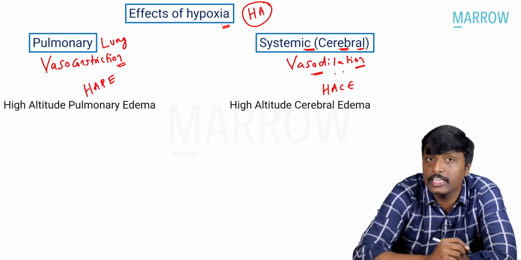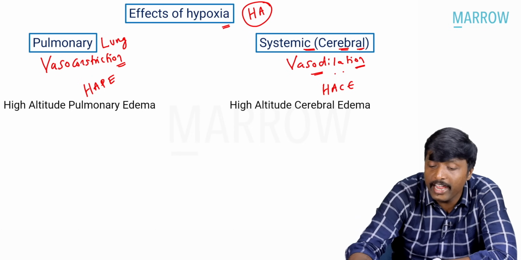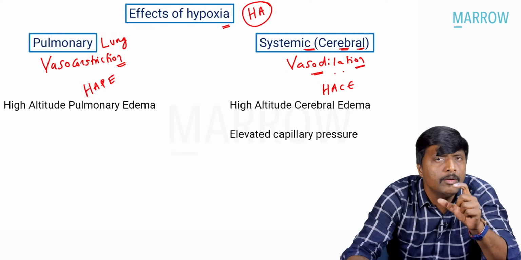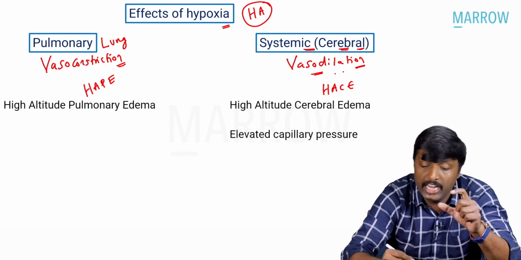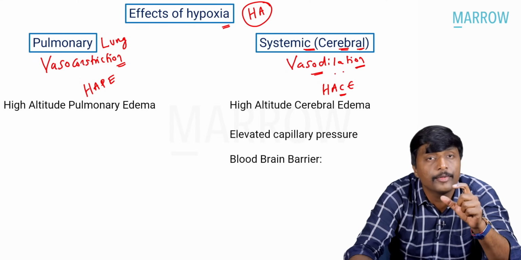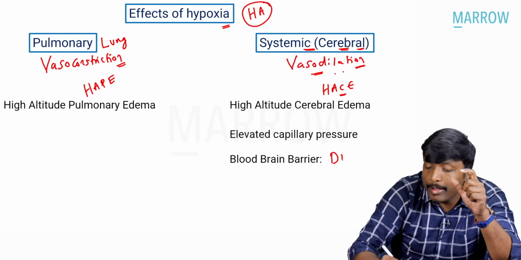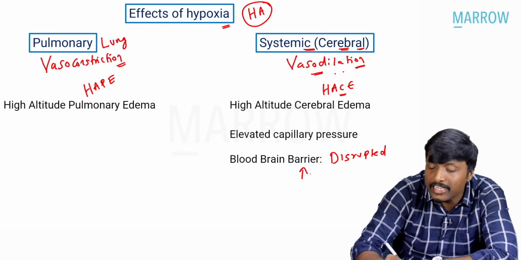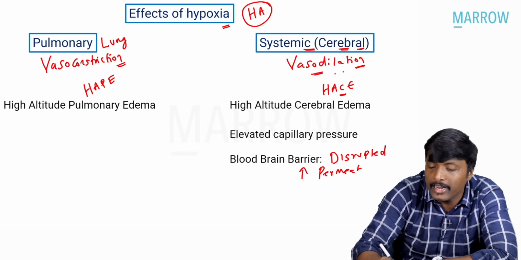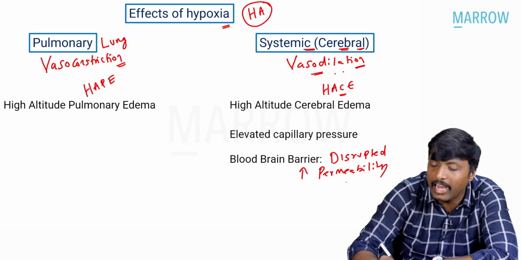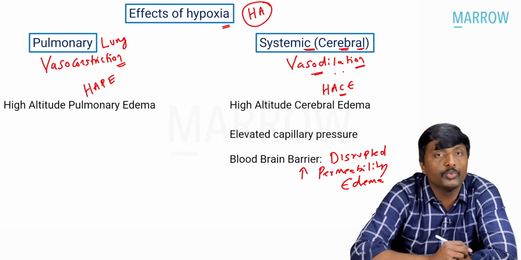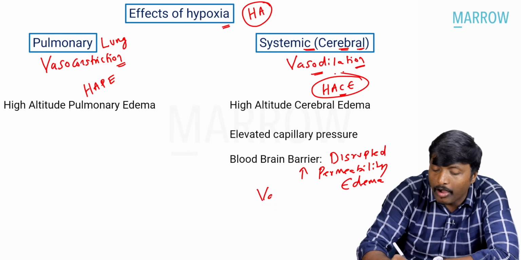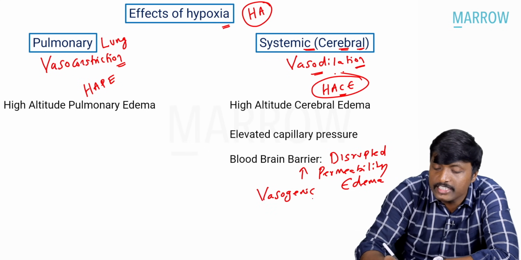Hypoxia causes vasodilation, and this vasodilation elevates capillary pressure. But the single most important factor for development of edema in HACE is this: the blood-brain barrier is disrupted, leading to increased permeability and edema. That is why high altitude cerebral edema is a type of vasogenic edema.